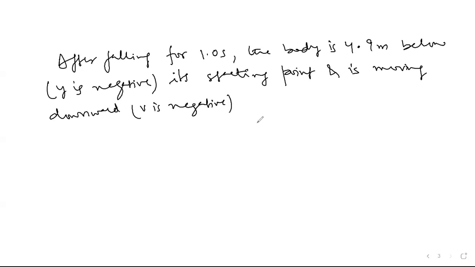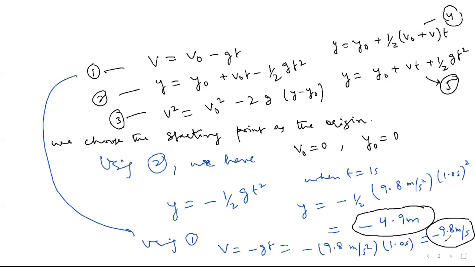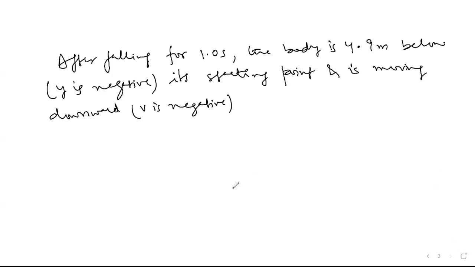That means at that instant, body is moving downward. This negative indicates that from our choice of coordinate system, with a speed of 9.8 meter per second. So after falling 1 second, the body is 4.9 meter below its starting point and is moving downward with a speed of 9.8 meter per second.